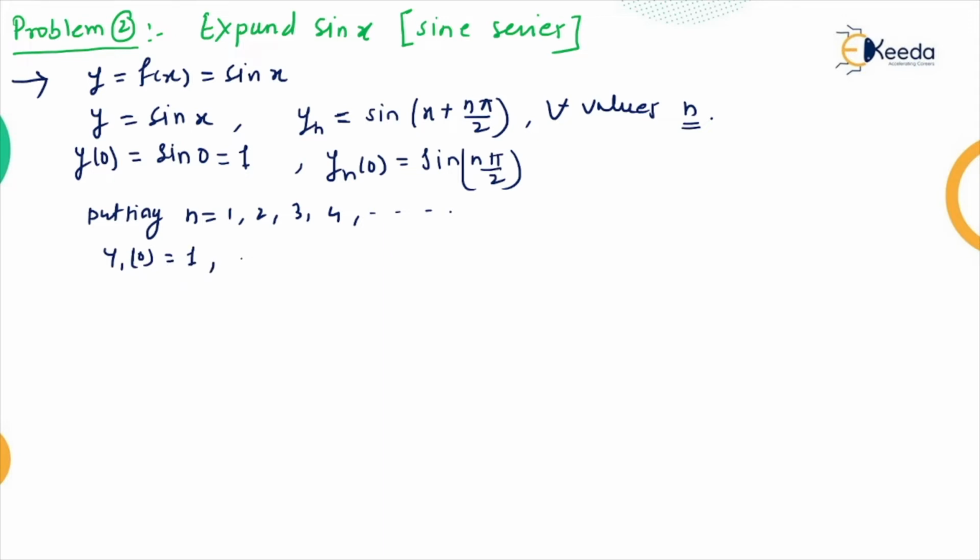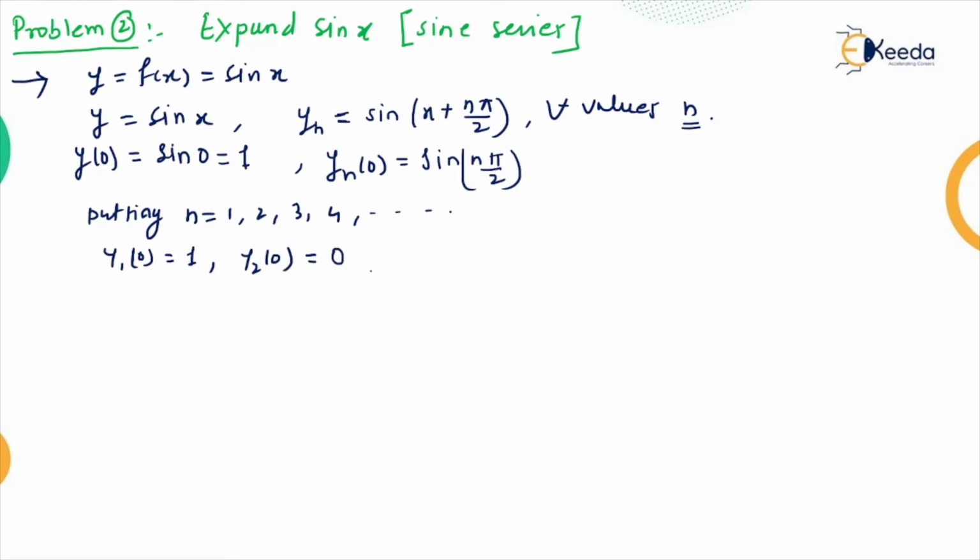Then y2 of 0, substituting in this series y_n of 0 with n equal to 2, gives sin of pi, whose value becomes 0, right?